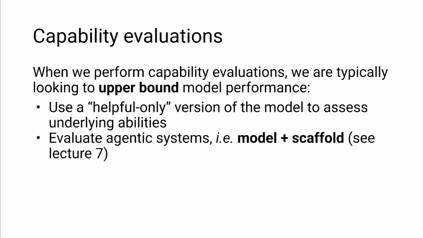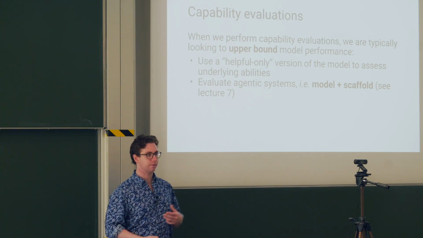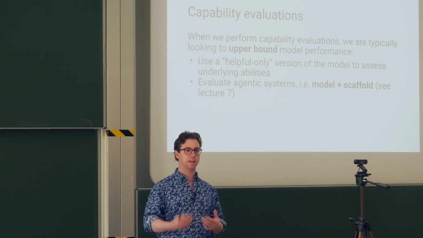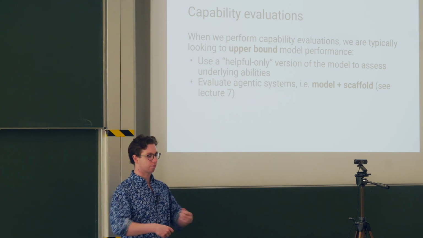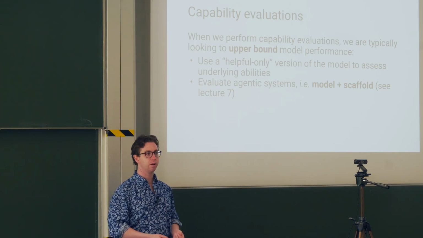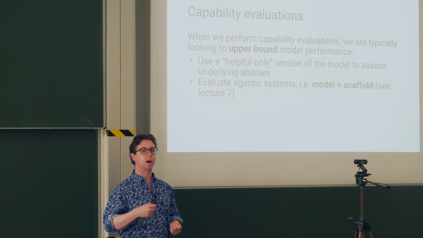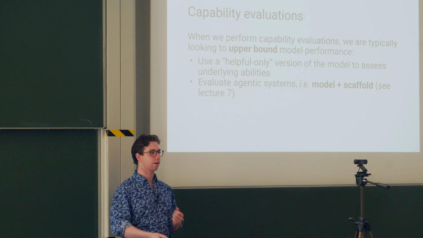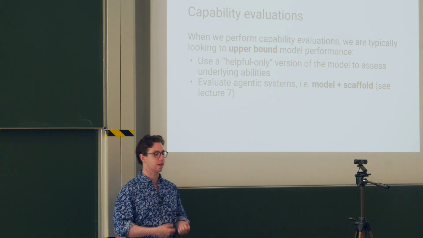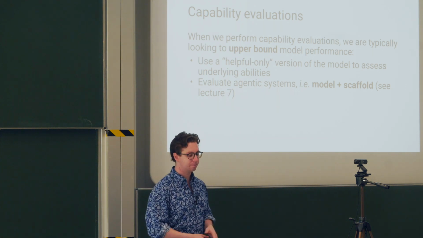The second important thing is that most evaluations are actually evaluations of agentic systems, not the model itself. So what you're assessing is the model plus scaffolding. Much earlier in the course, in lecture 7, we covered how you turn models into agents. We covered that you can wrap a scaffold around the model, and this allows the models to call tools, use a rudimentary form of memory, perform planning behavior, and generally advances the amount of work that you can get out of the model.